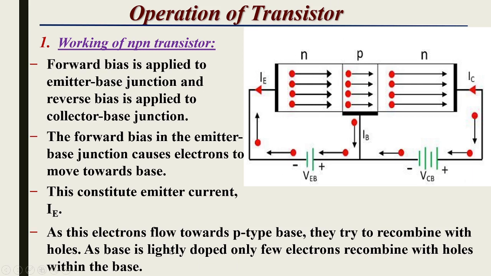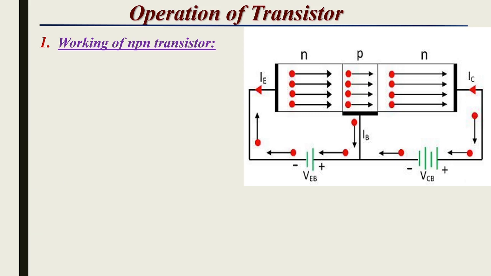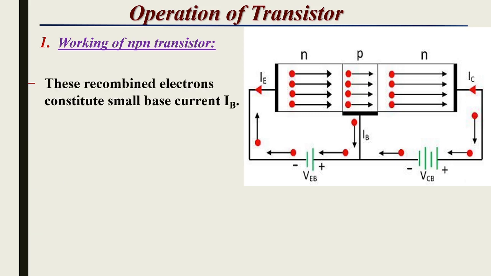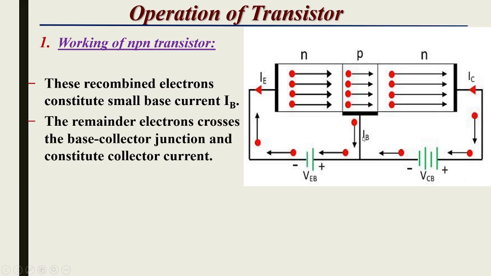But as the base is lightly doped, only a few electrons recombine with the available holes within the base, and these recombined electrons constitute the small base current, IB. That base current flows through the base terminal. The remaining electrons cross the base collector junction and constitute the collector current.